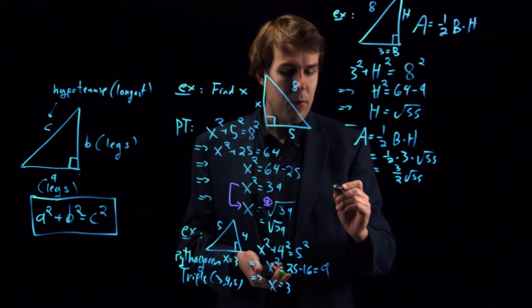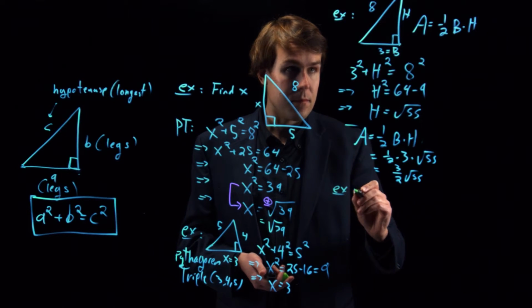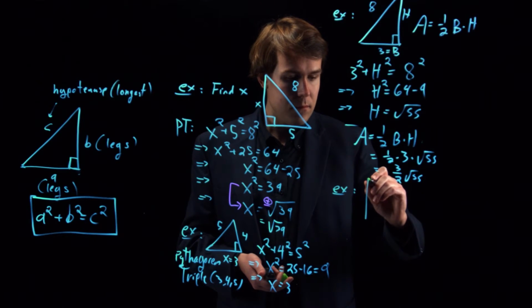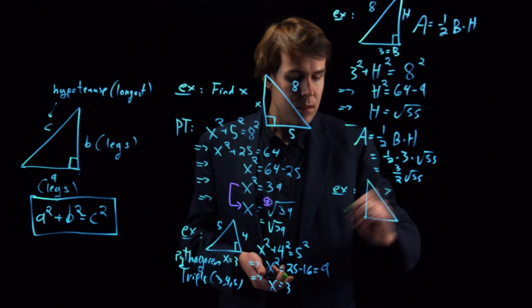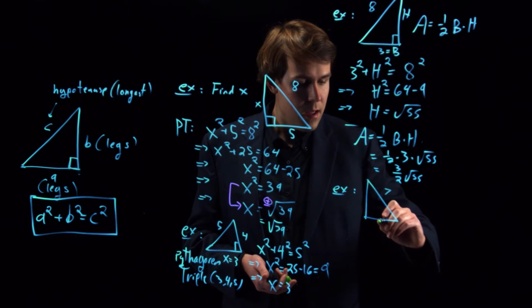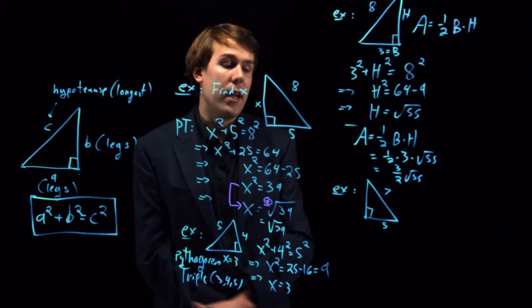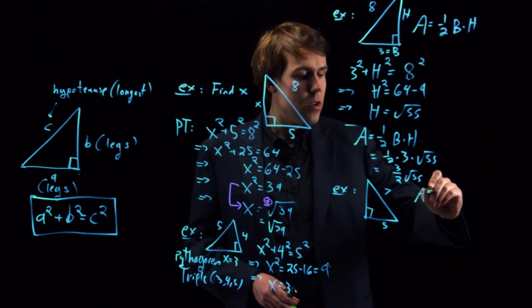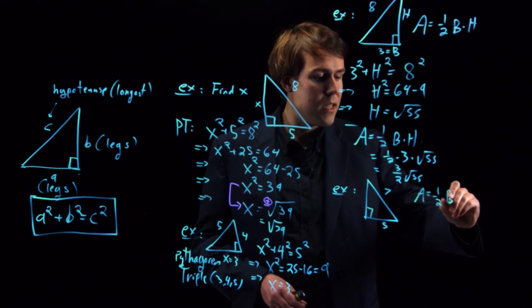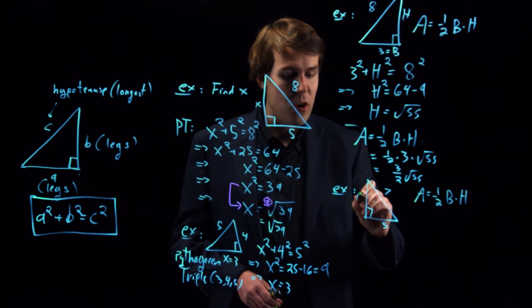Let's do one more example like this. Let's say this is 7. And the base is 5 here. We have a right triangle. So again, to find the area, I'll use the formula 1/2 base times height, but the height is currently unknown.